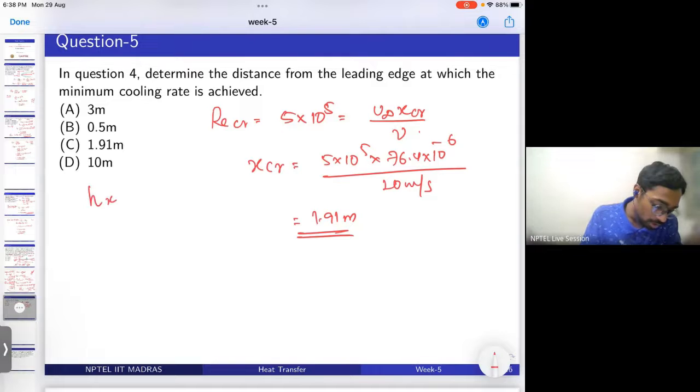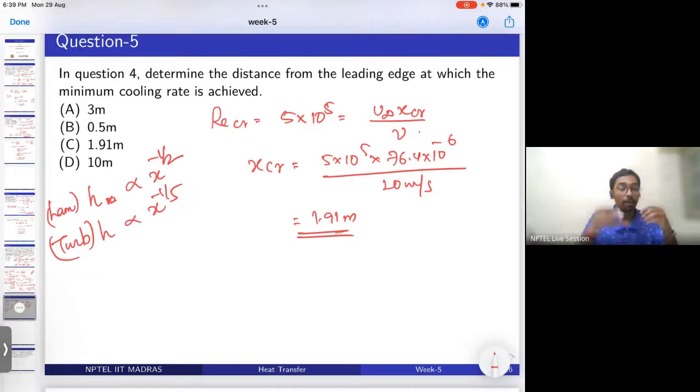The heat transfer coefficient in the laminar region, as we already studied, is proportional to x raised to minus 1 by 2. And the heat transfer coefficient in the turbulent region is proportional to x raised to minus 1 by 5. In the turbulent region, heat transfer will be enhanced because of the eddies formed due to the turbulent nature of the flow.